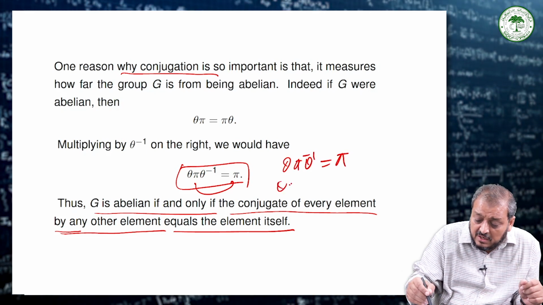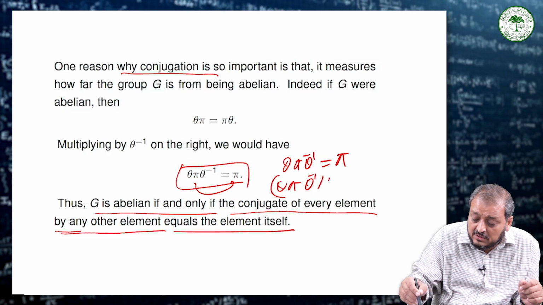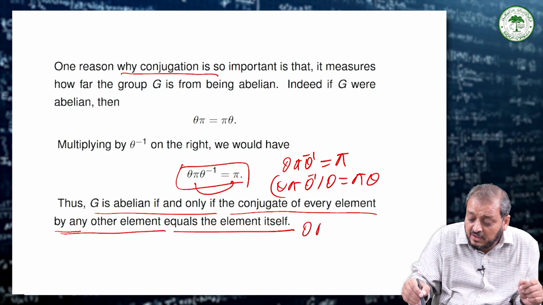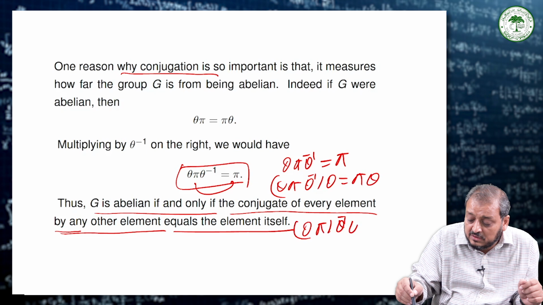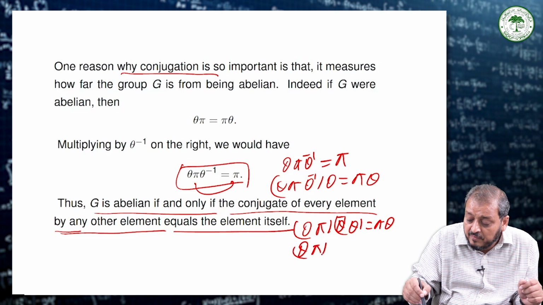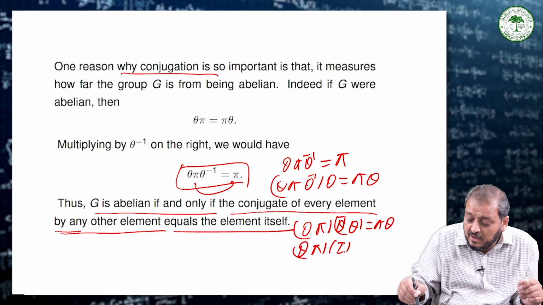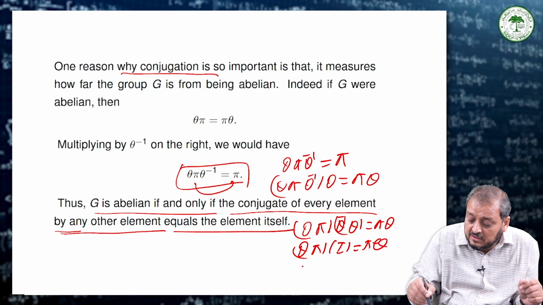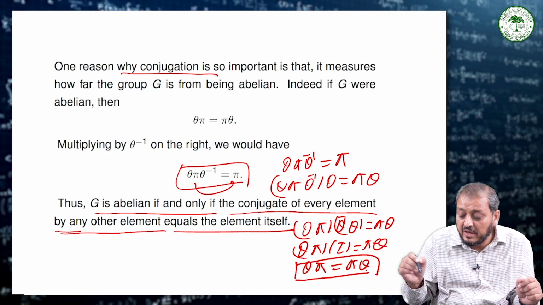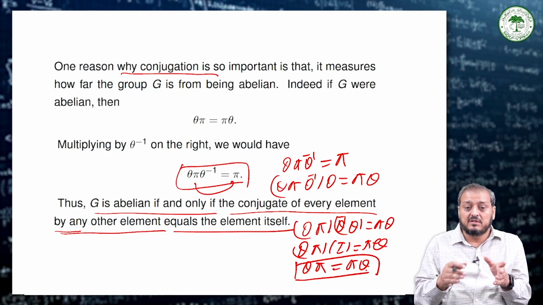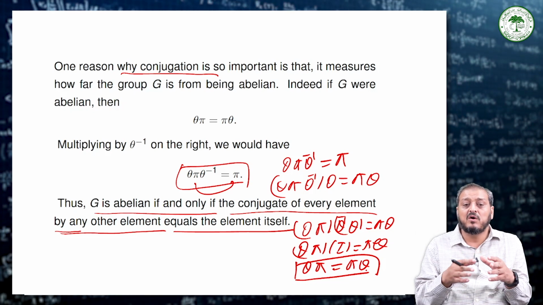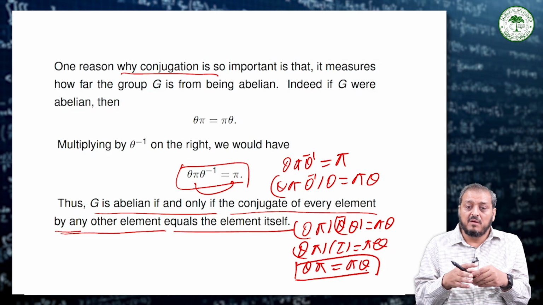Then multiplying by theta, theta pi theta inverse theta is equal to pi theta. Using associativity, we have theta of pi, and the identity, so this is equal to pi theta, which can be written as theta pi equals pi theta. Conjugacy is so important because it measures how far a group G is from being an abelian group.